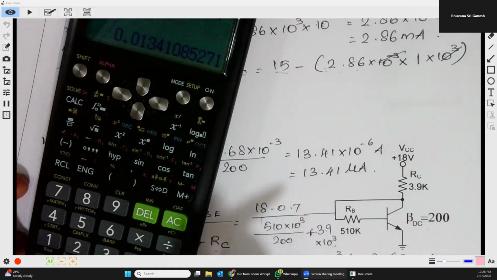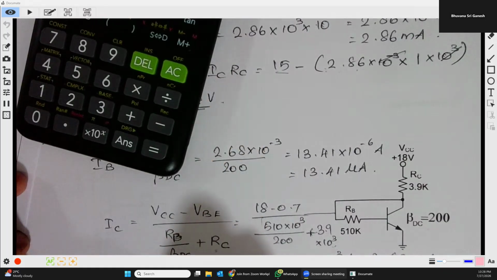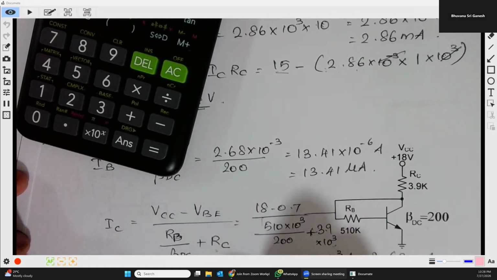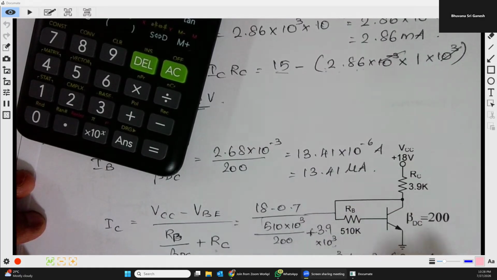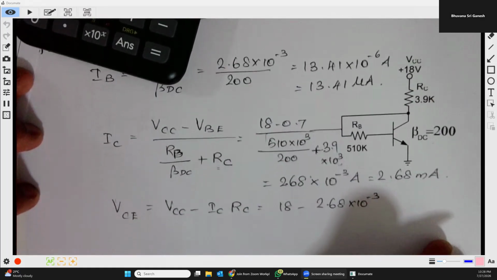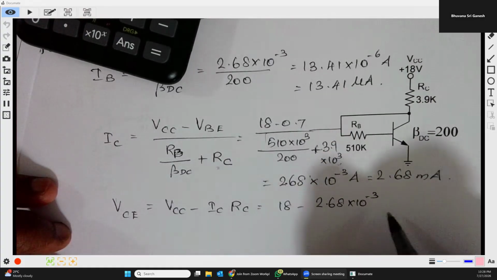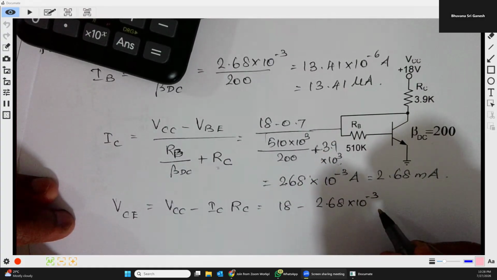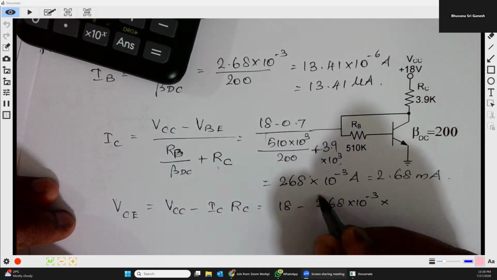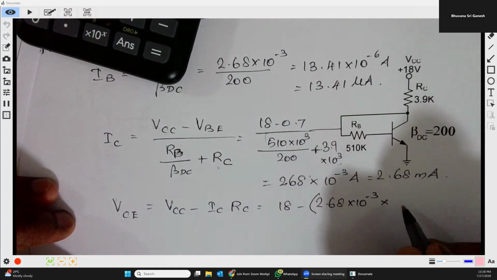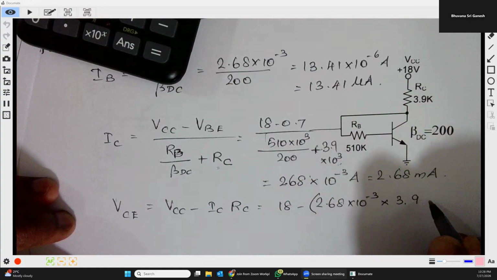Now next is VCE. VCC minus IC RC. So 18 minus IC, which is 2.68 times 10 raised to the power minus 3, times RC, which is 3.9 kilo.